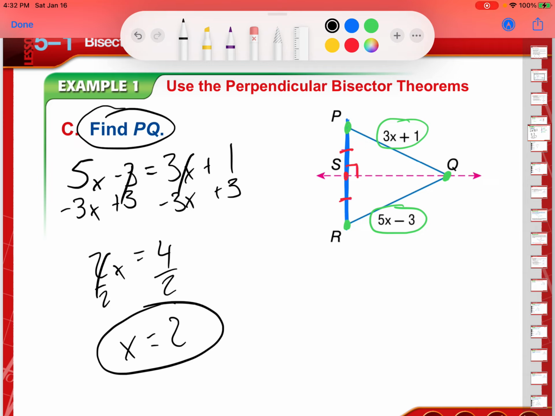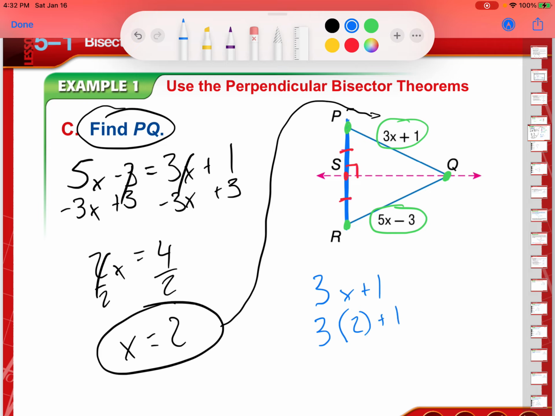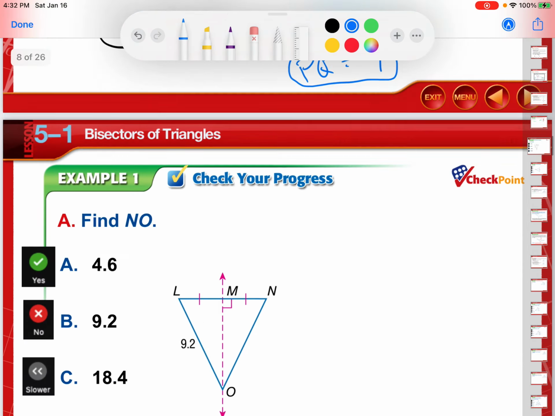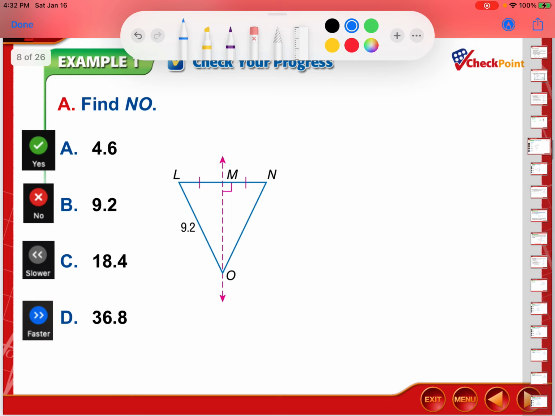We know x equals 2, but they wanted to know what PQ was. So now I plug my x equals 2 back into the original expression. I'm going to write 3x plus 1, but substitute in the 2 for the x, which leaves me with 3 times 2 plus 1, which would be 6 plus 1, which would be 7. So PQ equals 7.